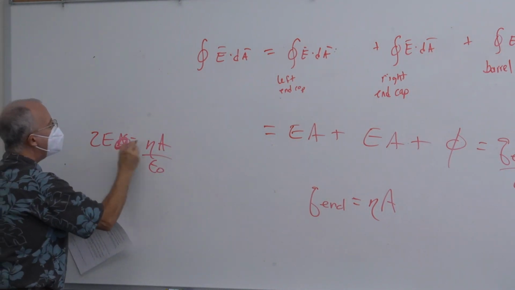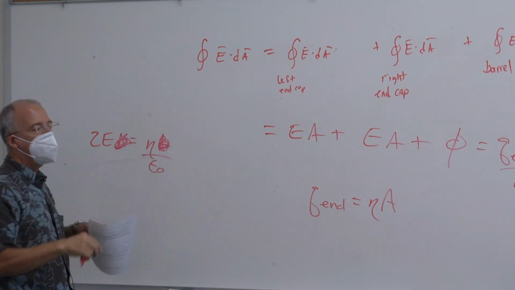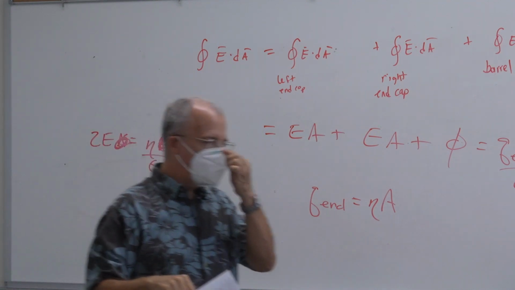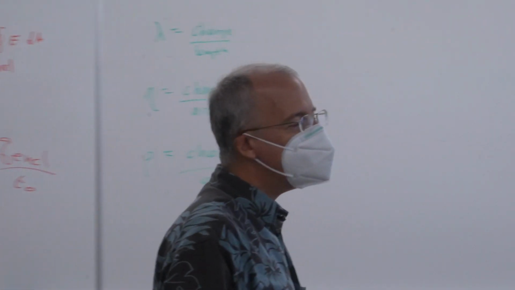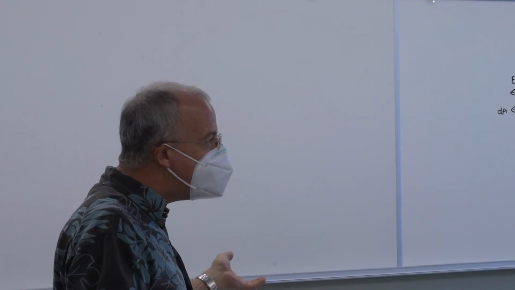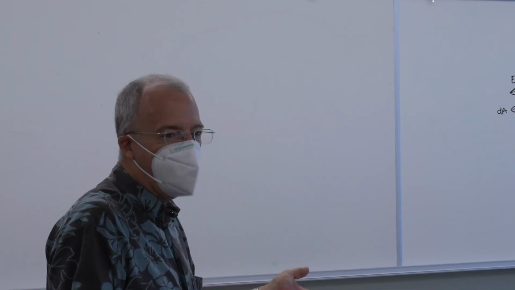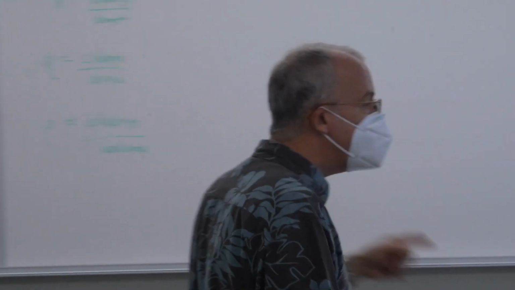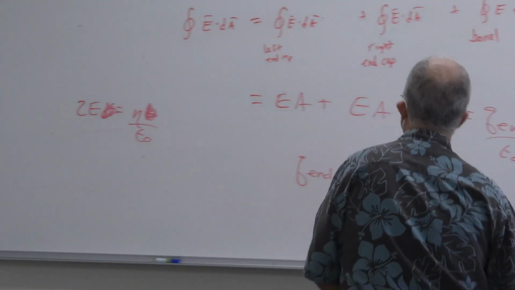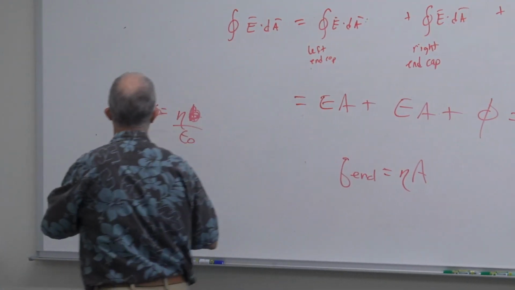Now why do the A's have to go? What is A? It's part of a fake cylinder. We can't have an E field depending on something fake. So the A had to disappear, and it disappears from the Q enclosed.